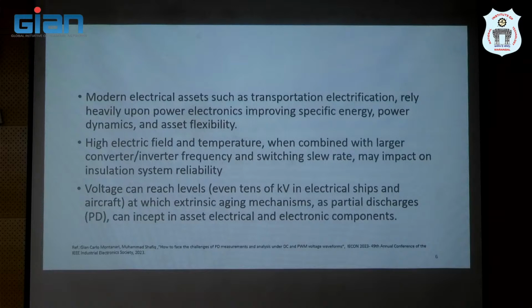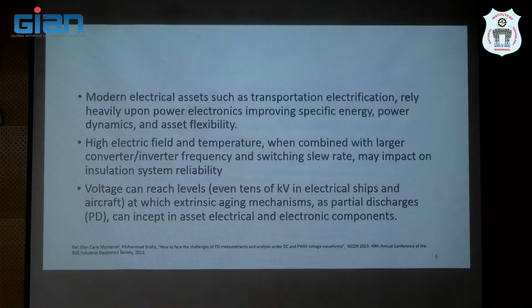High electric field and temperature, when combined with higher converter or inverter frequency and faster rise rates of these switchings, will certainly impact the stress in the insulation system. That affects the reliability of the machines.